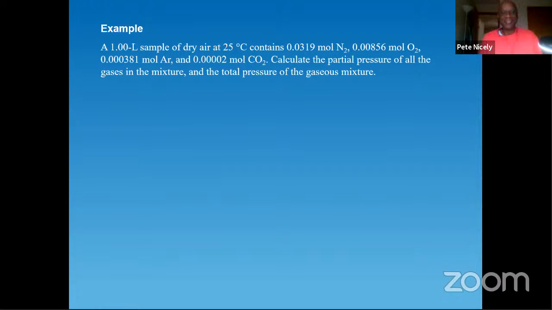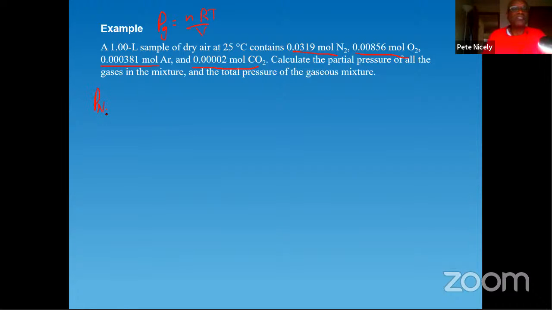So basically, and let me just warn you, this is going to be a bit tedious, but you're going to be using this equation: P for the gas is equal to nRT over V. And you'll be using this equation for each of these gases, so you're basically going to repeat the same thing over and over again. So let's do this for nitrogen.